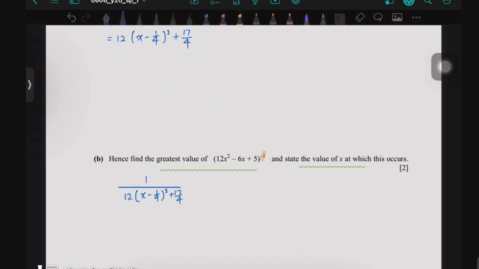Okay, their meaning is they want the greatest value. As you know, the completing square a bracket x minus h square plus k. The k represents either you will get maximum value or minimum value. Same thing, this 17 over 4 also determines your greatest value. However, because it's reciprocal, your greatest value needs to be flipped.